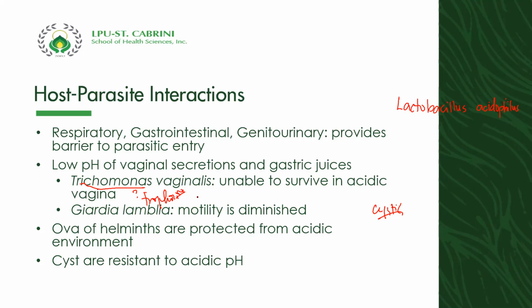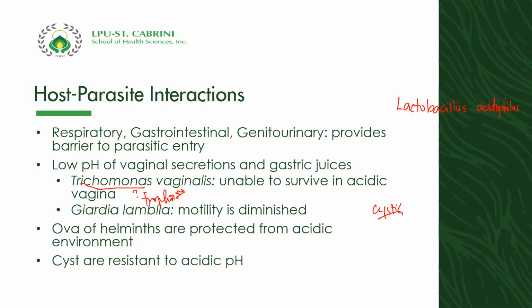The ova of helminths are protected from the acidic environment. You might wonder, you ingest them, but they pass through the gastrointestinal tract, knowing that part of it is the stomach, where the gastric juices are acidic in nature and can destroy food that is already metabolized.